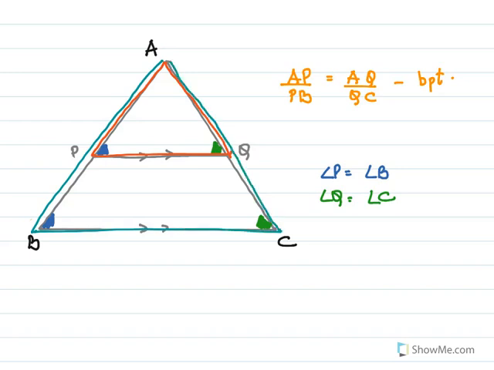They are similar. So triangle APQ is similar to triangle ABC by AA test. Therefore I can write AP over AB equal to PQ over BC equal to AQ over AC.